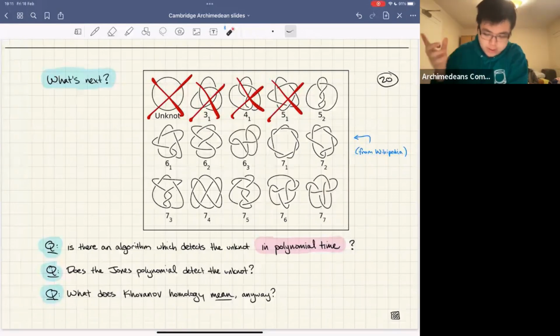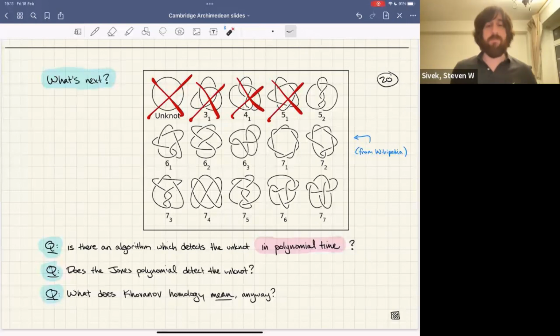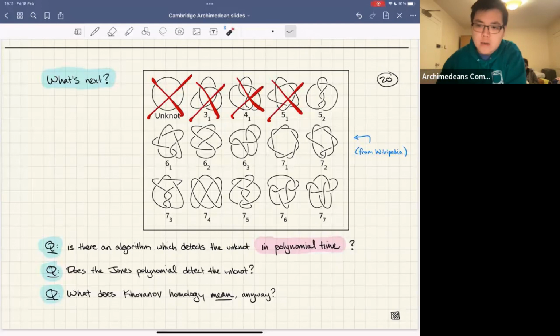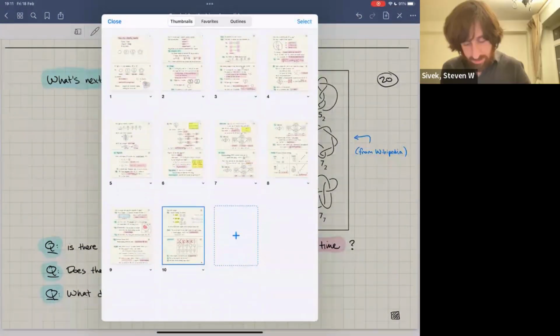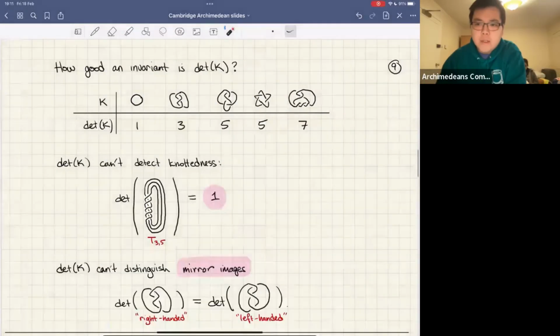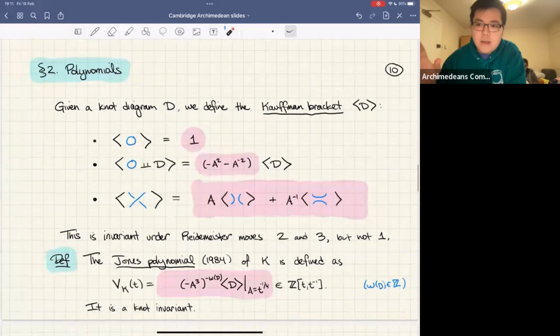Actually, I have a question myself. When you defined the Jones polynomial, you did a substitution, a equals t to the power of -1/4. Is there a particular reason why we do that? Because I assume the polynomial in terms of a is also an invariant.